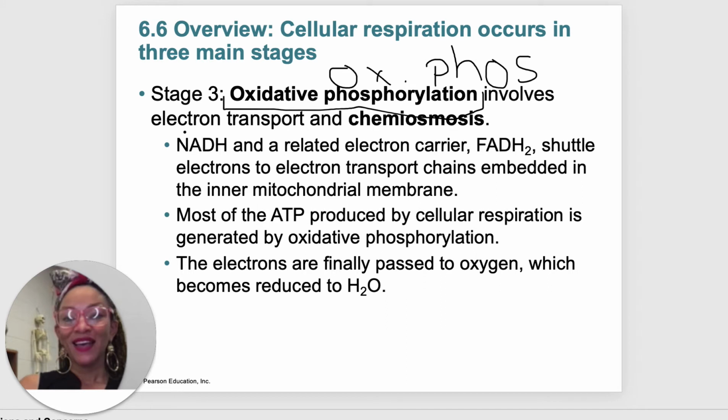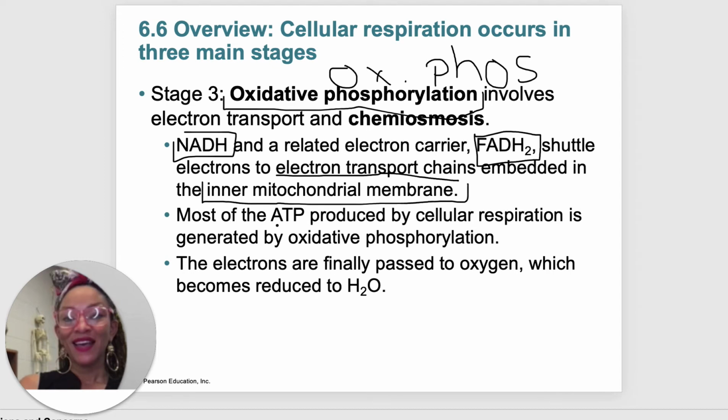So NADH and FADH2 are electron carriers, so they help to carry electrons. So they carry these electrons down the electron transport chain that are embedded inside that inner mitochondrial membrane. So if you get a question of where this occurs, we have our inner mitochondrial membrane.